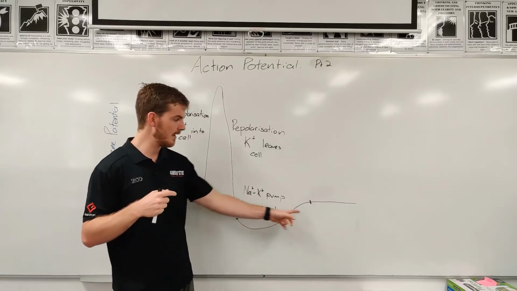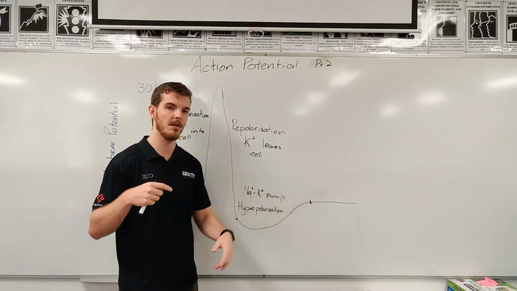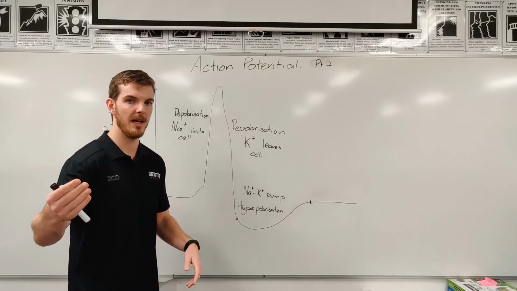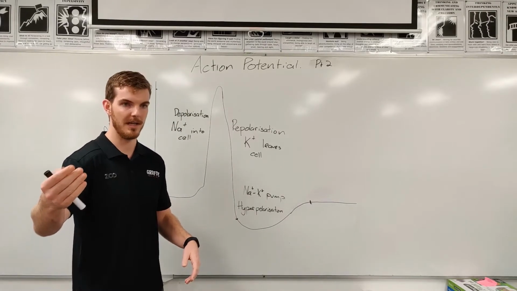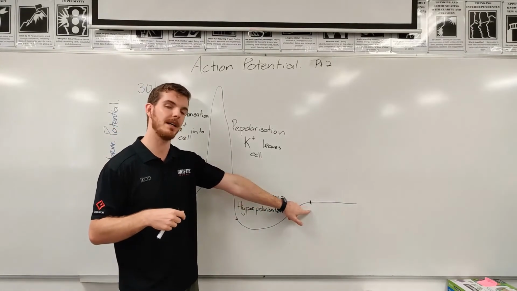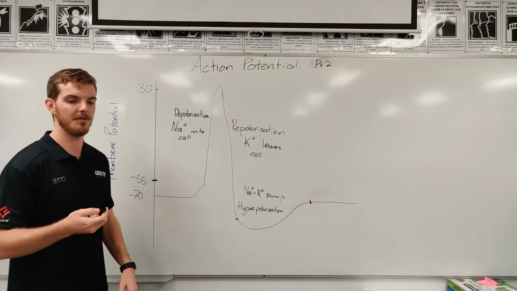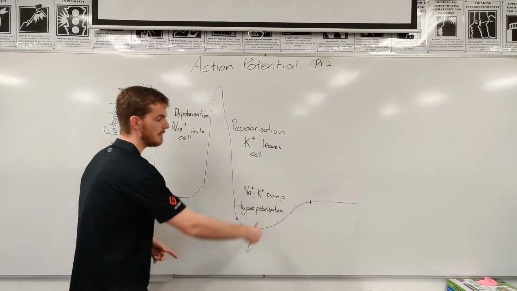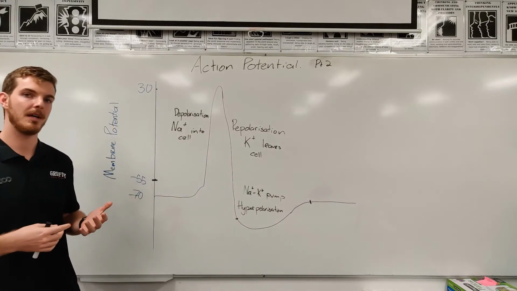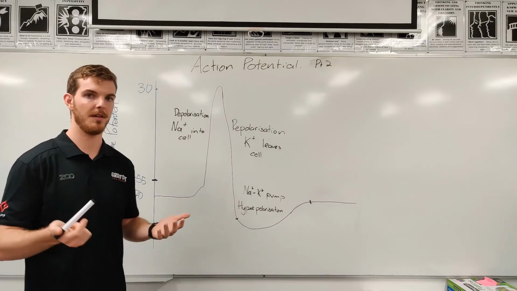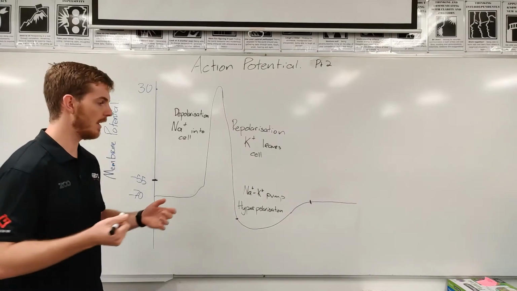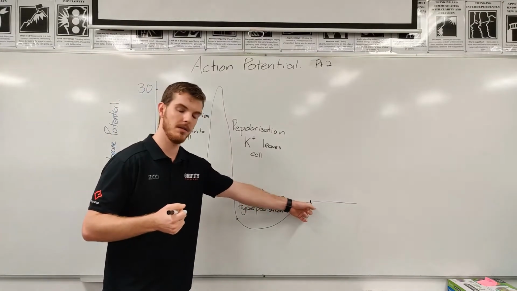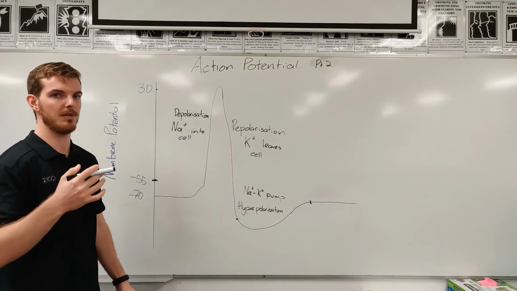So it drops down until eventually all of the sodium is pumped out and all of the potassium is pumped back in, and it reaches back here at -70 millivolts. During this time of hyperpolarization, which means it has dipped below the initial membrane potential, you cannot have another action potential. You have to wait till it reaches back here until you can have another action potential.